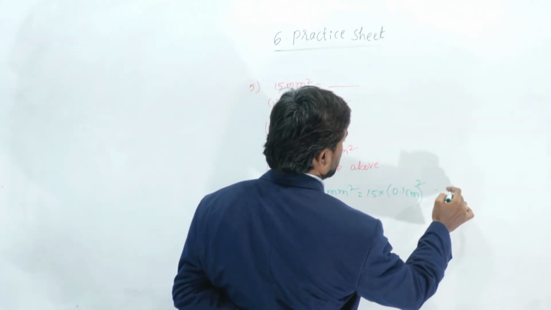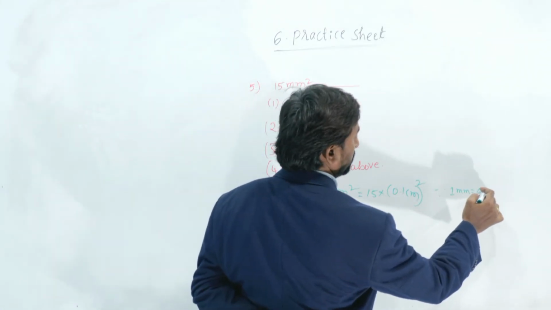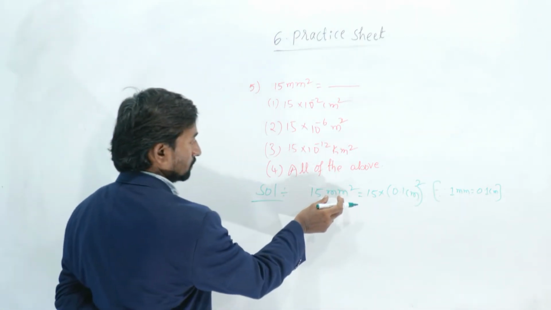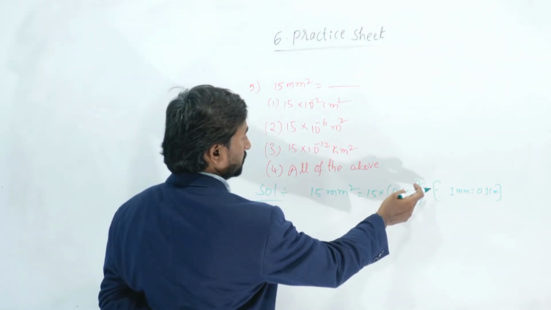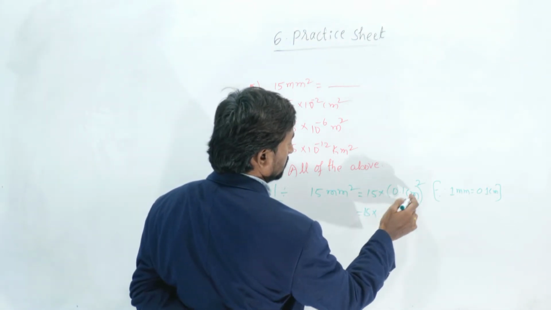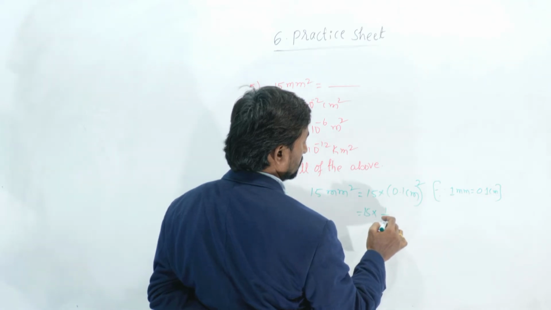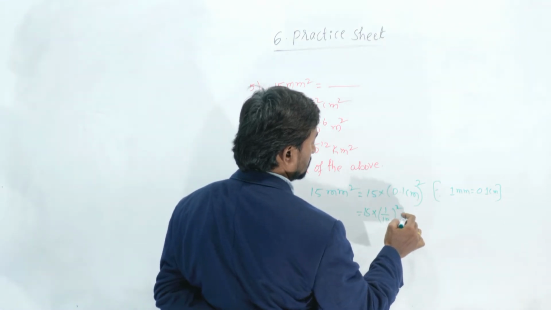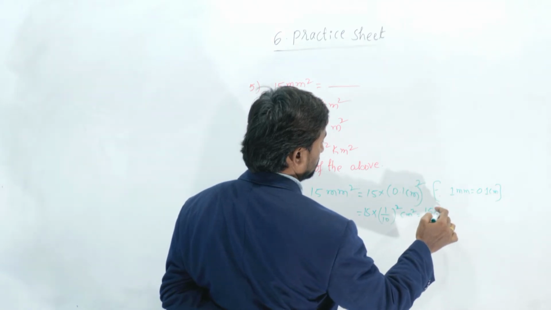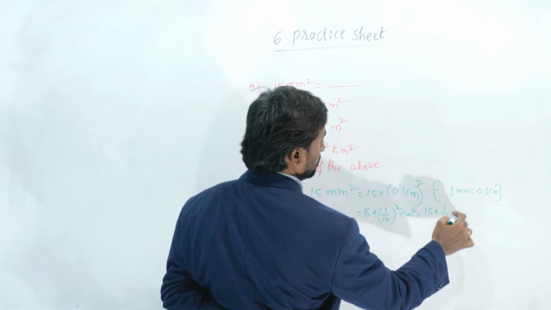Since 1 millimeter is equal to 0.1 centimeter, if we substitute 0.1 in place of 1 millimeter, we should do the square as well. So it can be written as 15 into 1 by 10 whole square, centimeter square.